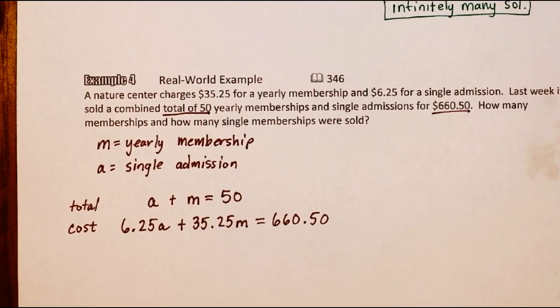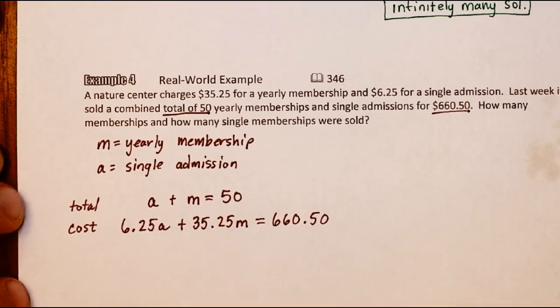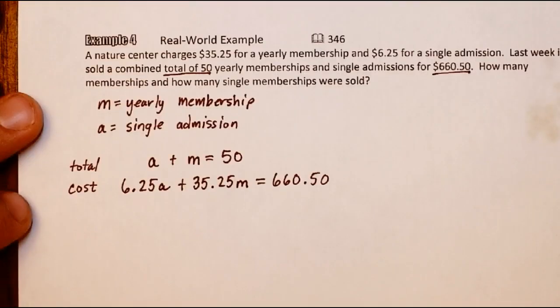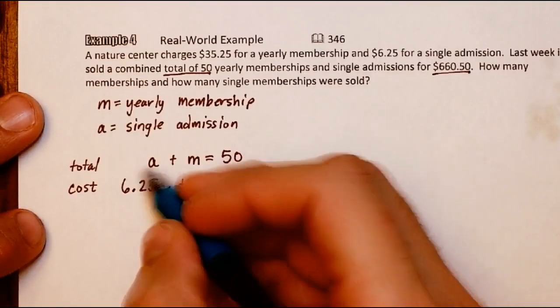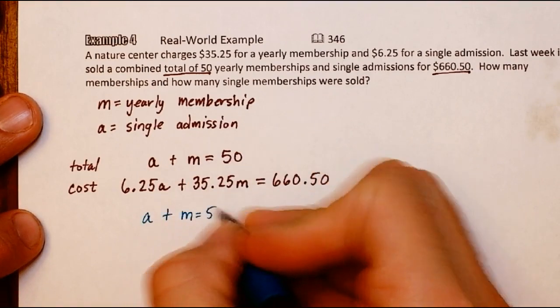So now, since we are going to use substitution in order to solve, we can choose to solve the bottom equation and deal with decimal answers, or we can solve the top equation for A or for M and then substitute it into the second equation. So I'm going to go ahead and solve that top equation for A. So this A plus M is equal to 50.